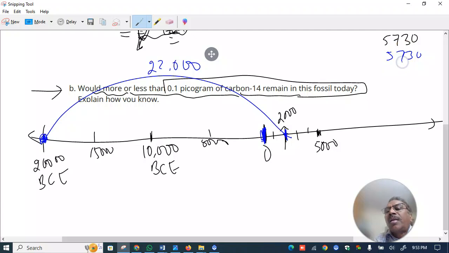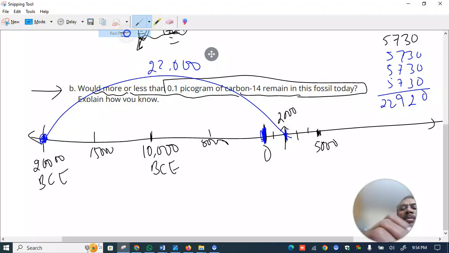So if you divide 22,000 by 5,730, that is almost like 3,000.